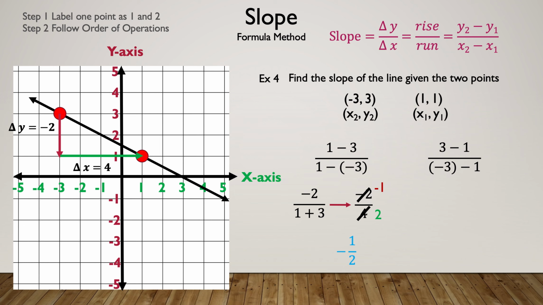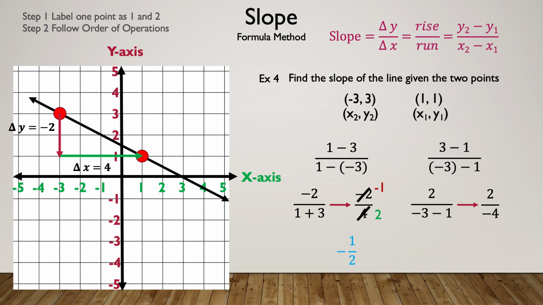Now we can do the order of operations, and that gives us 2 over (-3 - 1), because 3 minus 1 is 2. Continuing, we have 2 over negative 4, because negative 3 minus 1 is negative 4.